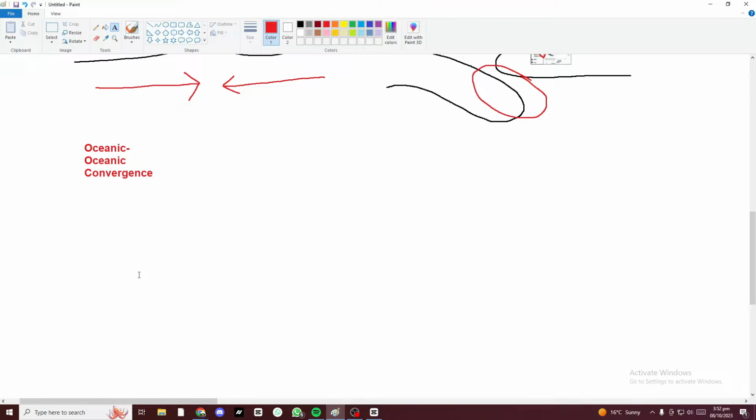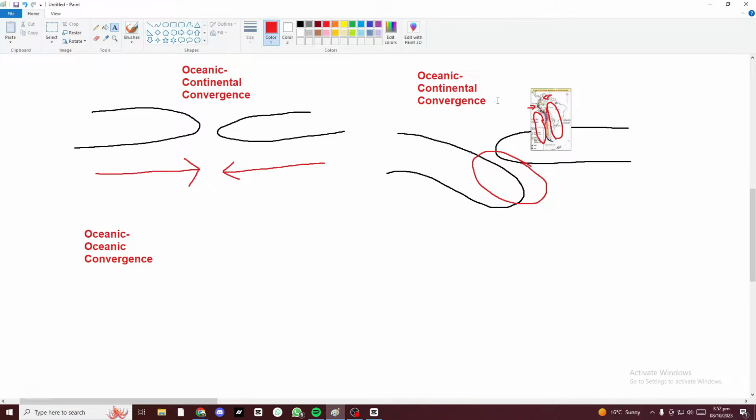This results in the formation of deep trenches and volcanic island arcs. An example of this are the Japanese islands. So it's very similar to this. However, you can replace the continental plate with an oceanic plate.